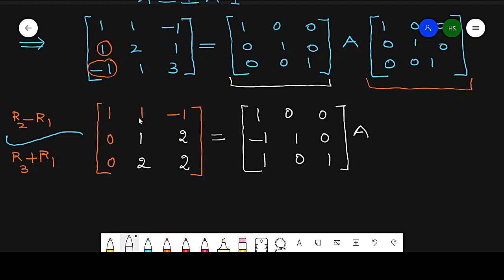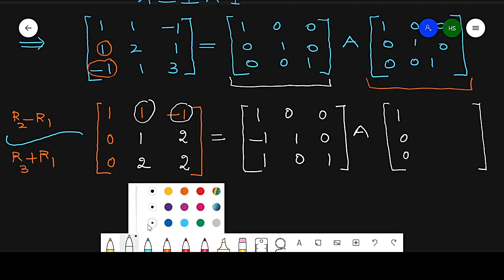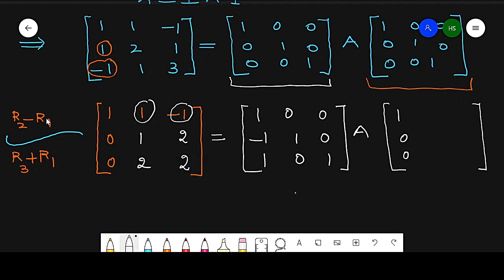Now if I would like to make these terms 0 here, then I will operate a column operation. So the first column is 1 0 0, right? Now if I apply the column operation here, I write it here: C2 minus C1 and C3 plus C1.